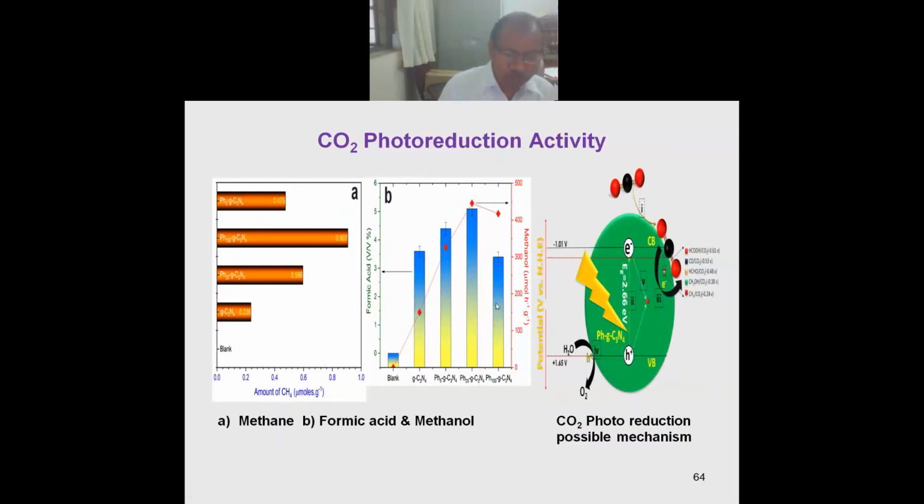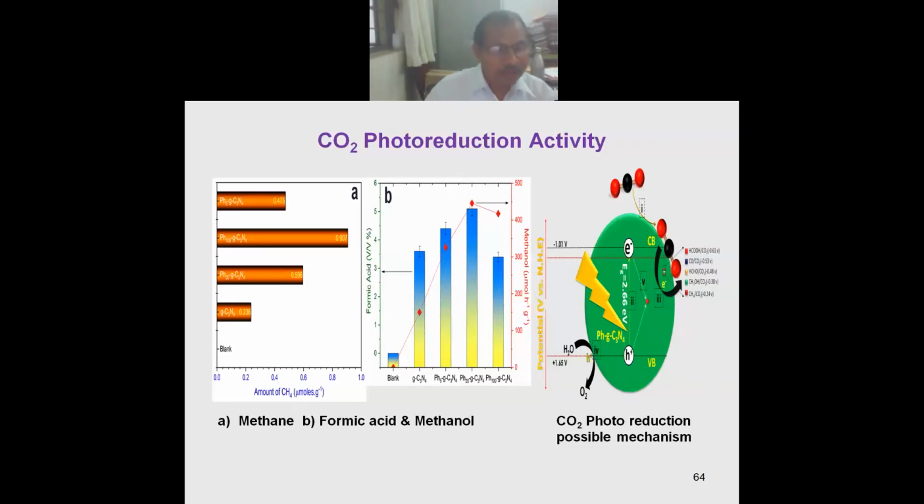We try to explain this using a mechanism. This is basically a limited study of CO2 photoreduction that has been reported so far. We propose a possible reaction pathway for the formation of methane, formaldehyde, and methanol on the surface of g-C3N4.